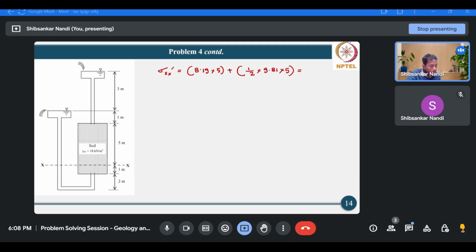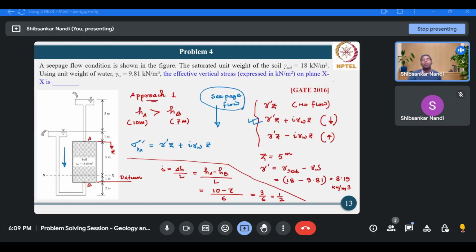So 8.19 into 5 plus 0.5 into 9.81 into 5 gives 65.48 kPa or kilonewton per meter square. So this is the answer. This value we are getting by approach 1.